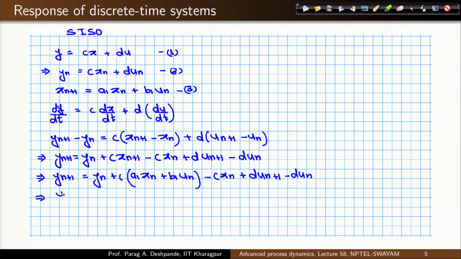From where I can write y n plus 1 is equal to y n plus, I will collect the terms having x n, so c times a 1 minus 1 times x n, plus c b 1 minus d times u n plus d times u n plus 1.